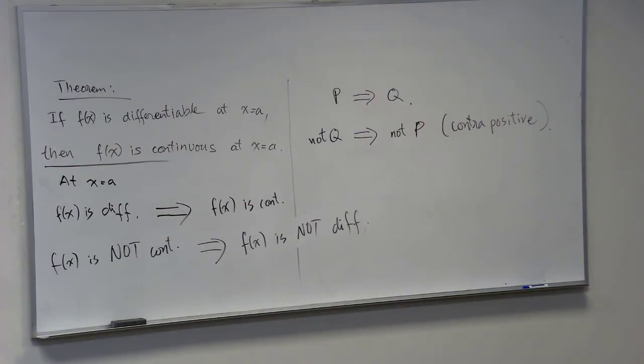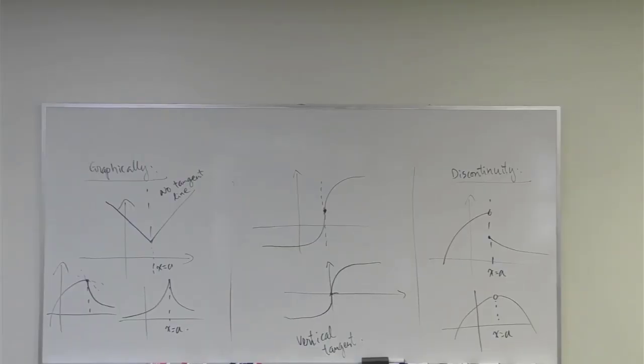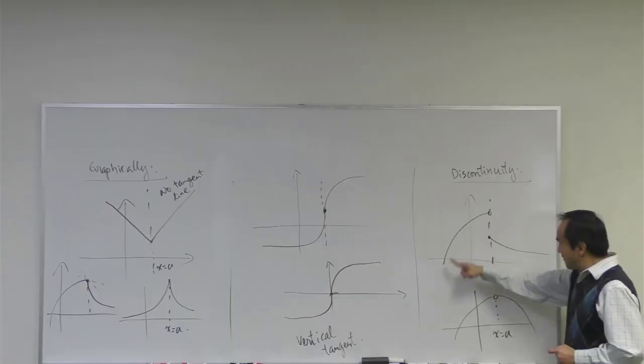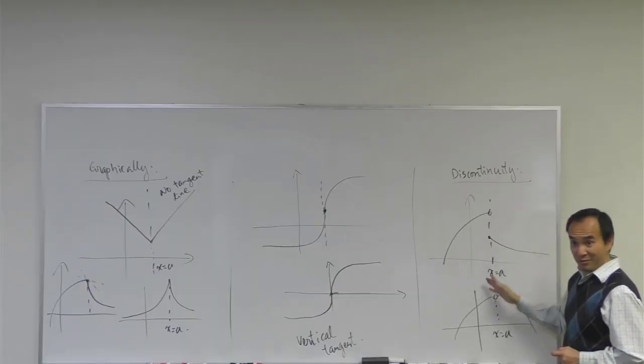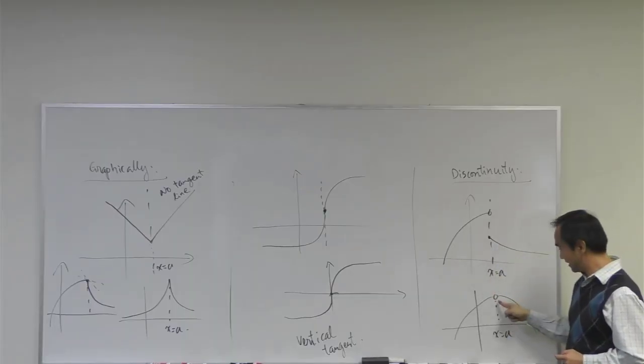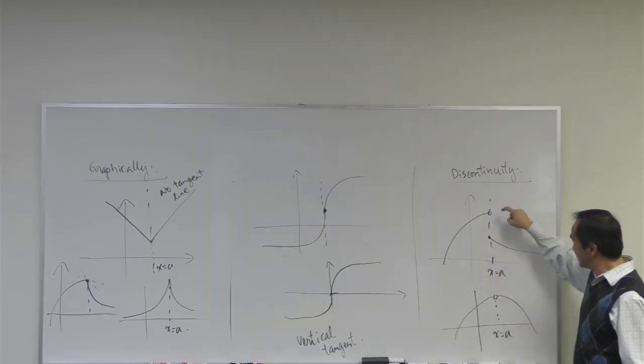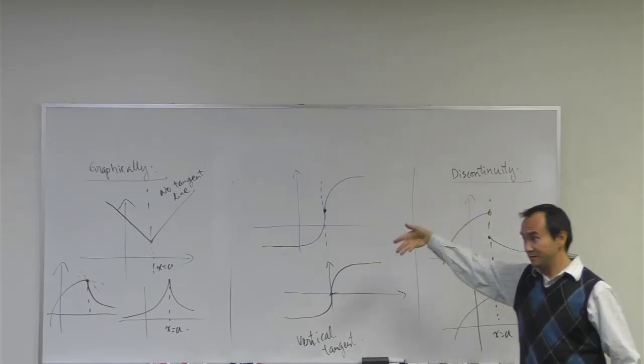After you have spent some time writing down that logic and thinking through it, it connects perfectly into the picture we've seen earlier. I was saying that graphically, if you spot in your graph a jump, a break, or a hole left out, that implies not differentiable.